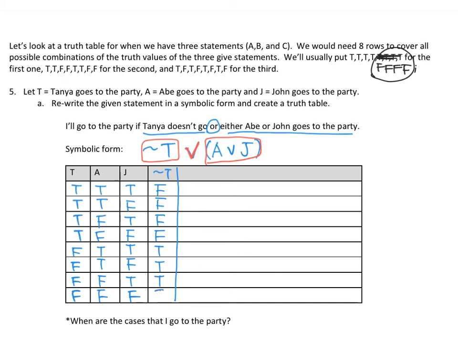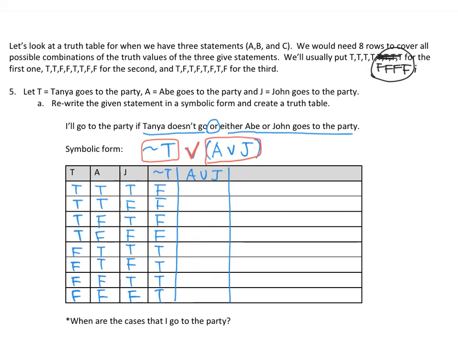Next I need the A or J column. Remember, A or J is mostly true. The only time A or J is false is when both A and J are false. There's my A column, there's my J column. I look at the cases where they're both false.